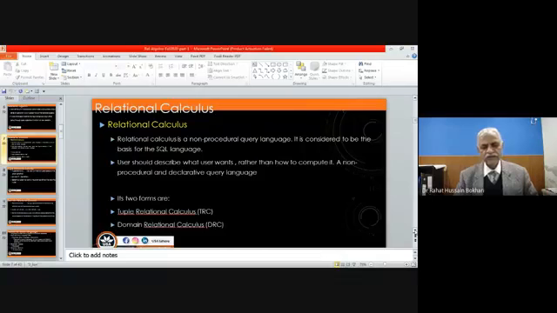Whereas for the procedural way, you have to give instructions: take such things, you have a burner, you have water, and step by step tell your friend how it should be prepared. So this is the basic difference between non-procedural and procedural languages. Relational calculus basically has two forms: one is tuple relational calculus and the other is domain relational calculus.